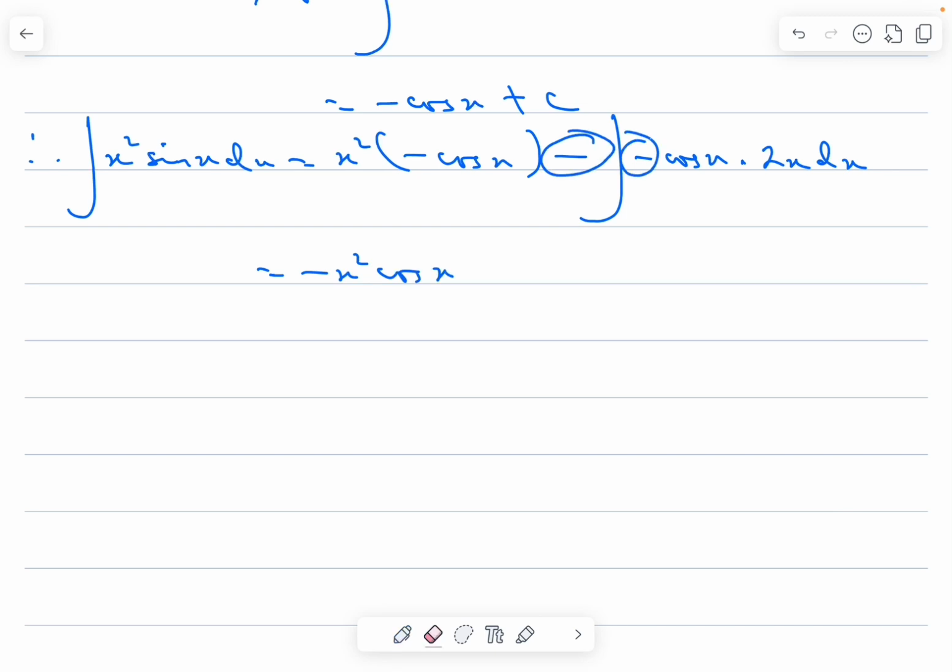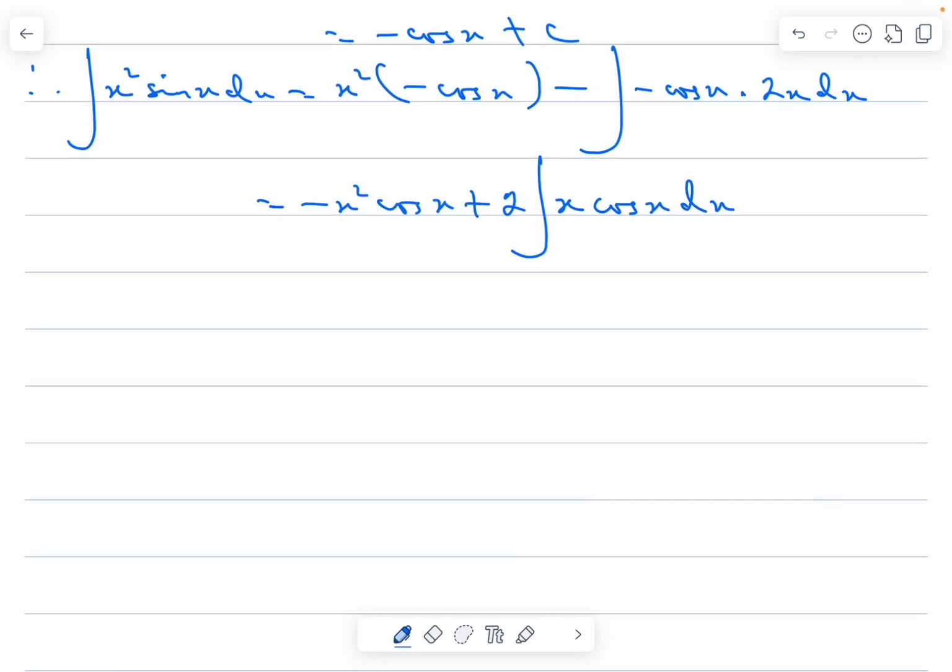Minus times minus is plus. That's plus. I can bring these two outside to make it the coefficient of the integral, and I'll be left with cos x times x dx, which I can write as x cos x dx. I brought out minus 2. If you multiply by this minus 1, you get plus 2. And inside here, we'll be left with cos x times x, which is the same as x cos x, and then you have a dx.